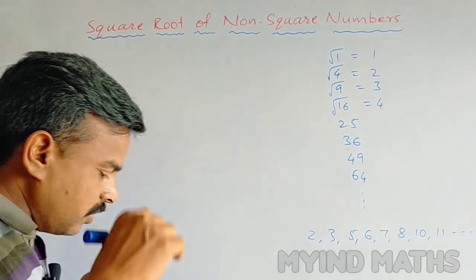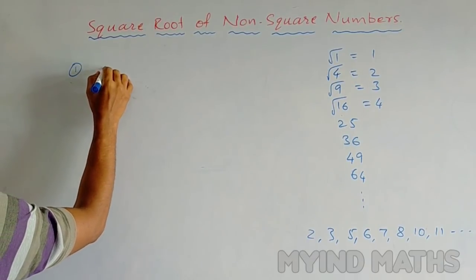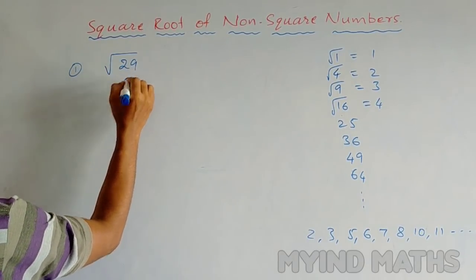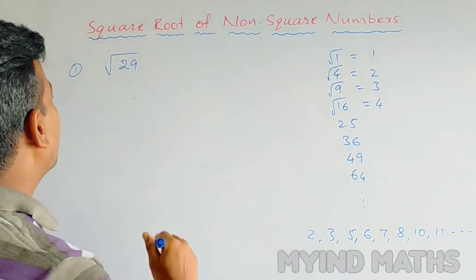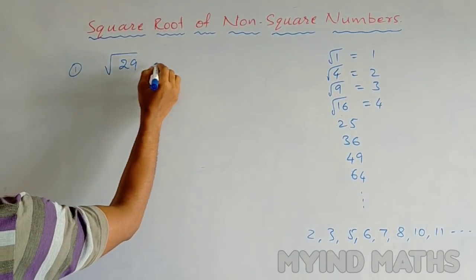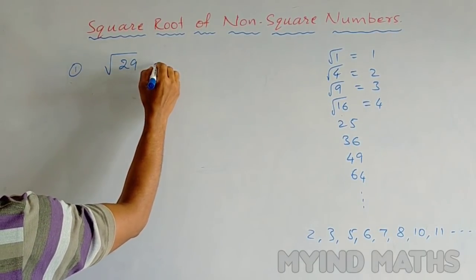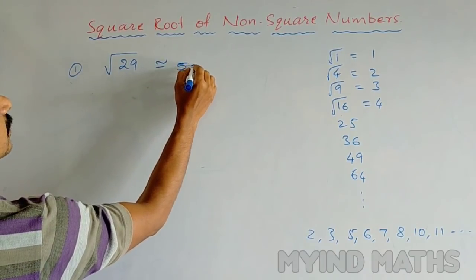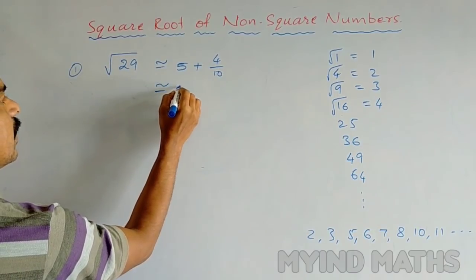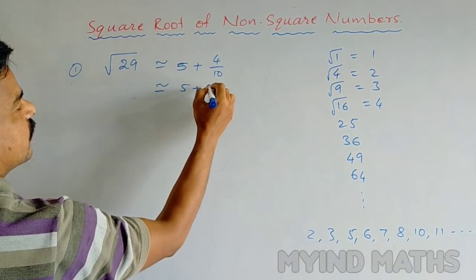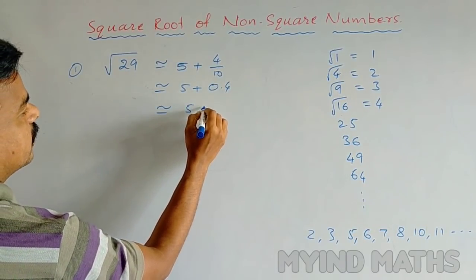For example, take square root of 29. It is approximately equal to 5 plus 4 by 10, that is 5 plus 0.4, approximately 5.4.